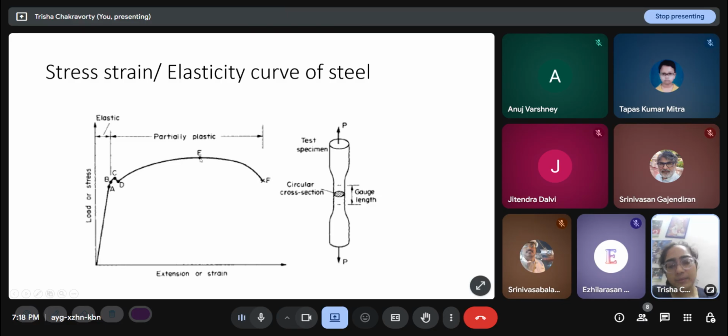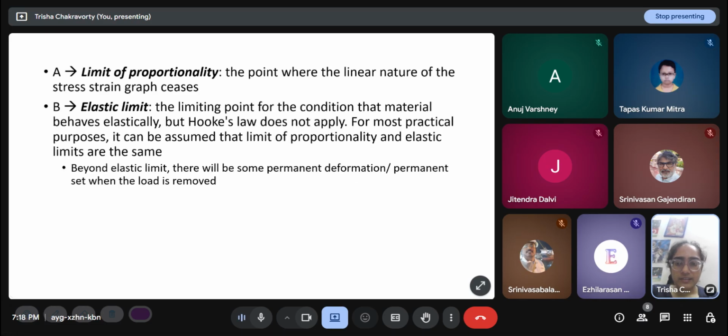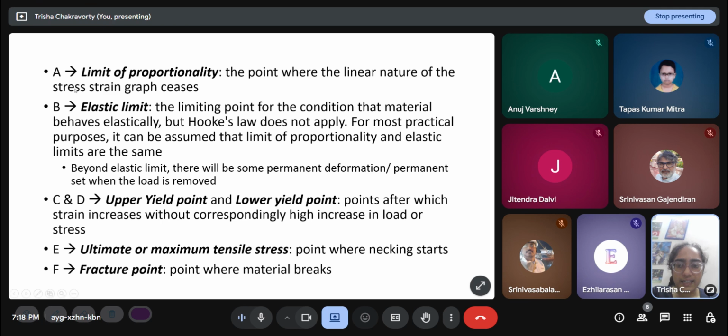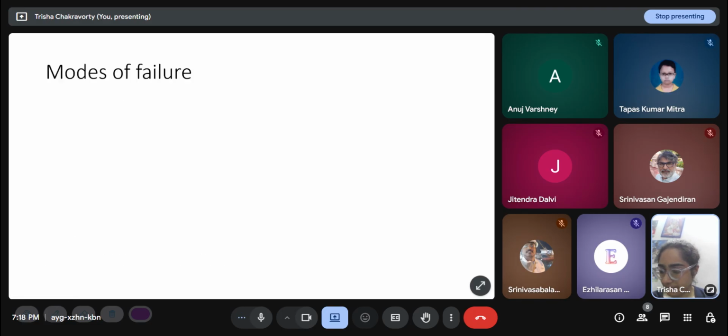And then after E, the material gives way, it flows and it fractures at F. So beyond E, there is no point in loading it because it's anyway going to fracture. Okay. So these are the material points. A is the limit of proportionality, B is the elastic limit, C and D are the yield points, E is the ultimate or maximum tensile stress, and F is the fracture point.